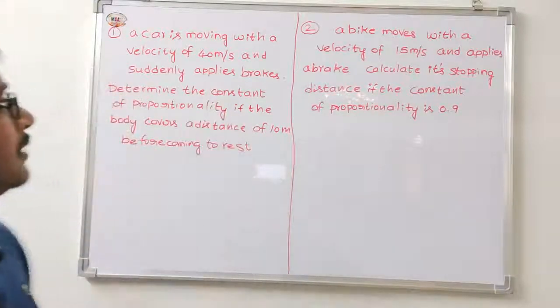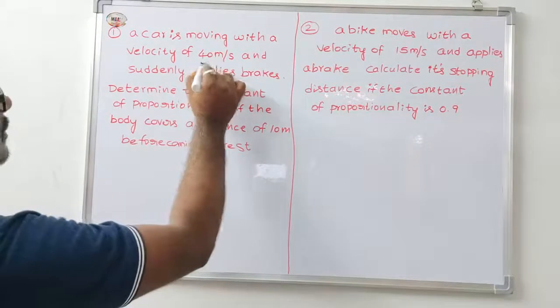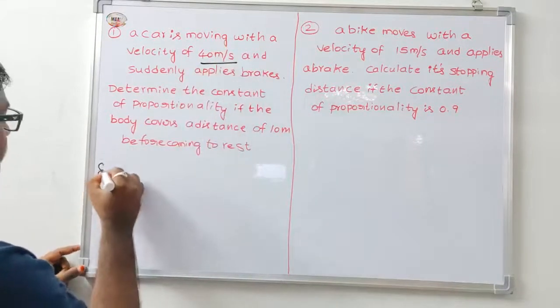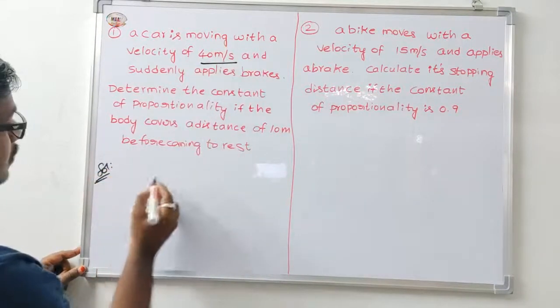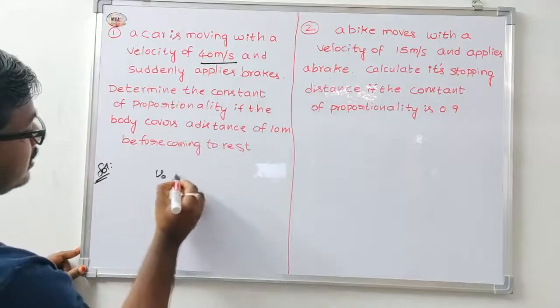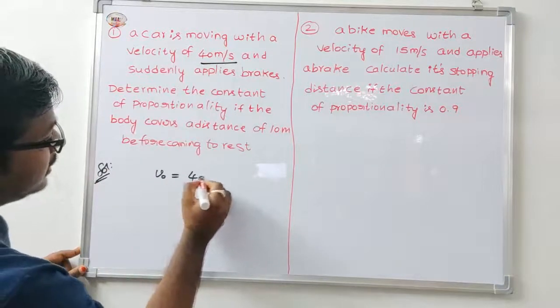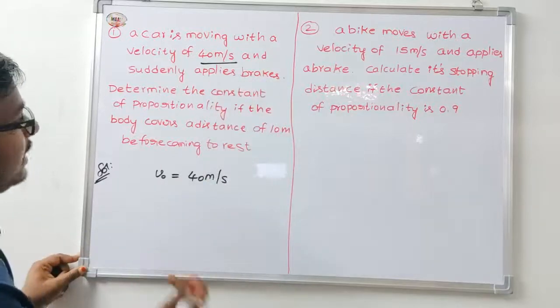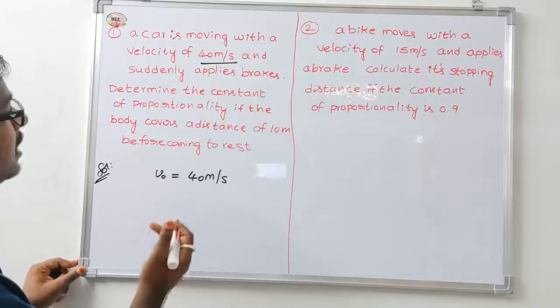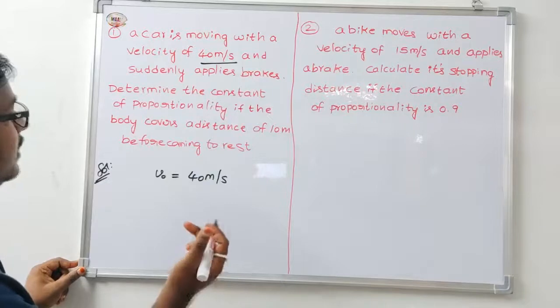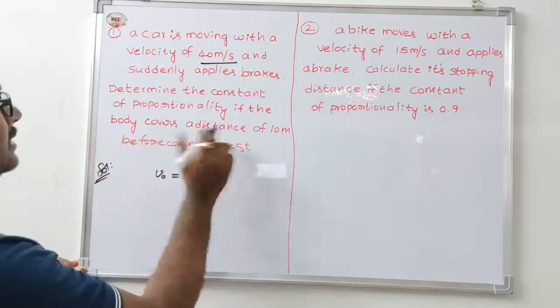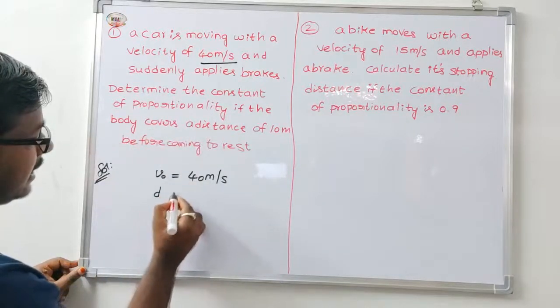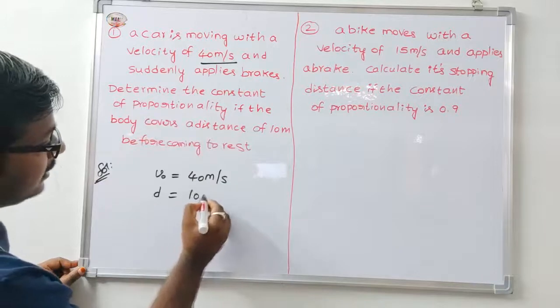The initial velocity v0 is equal to 40 meter per second, and d is equal to 10 meter.